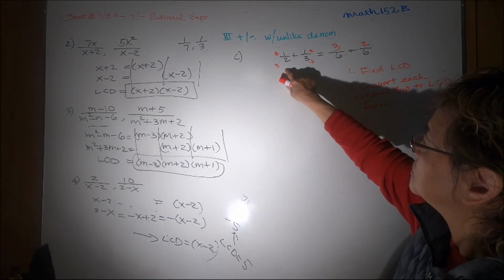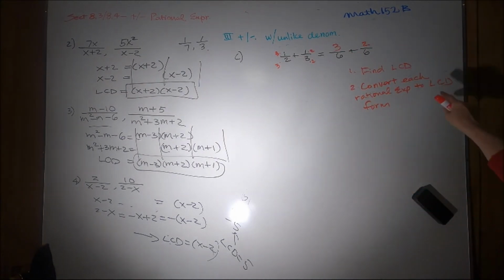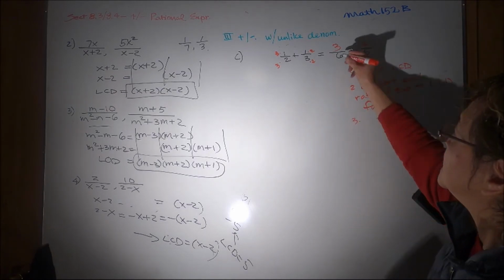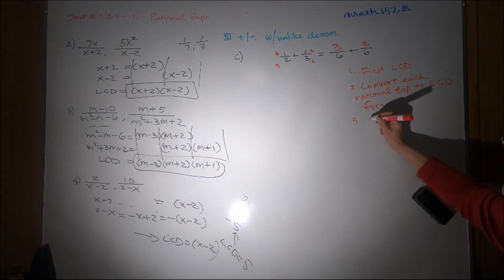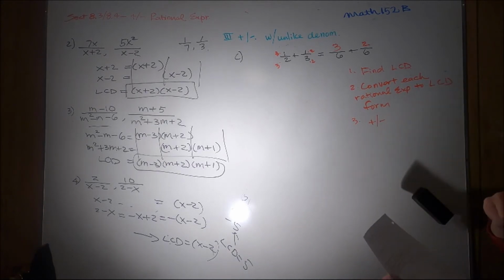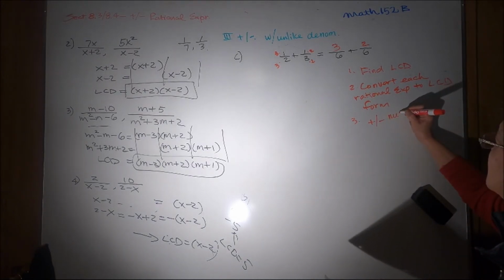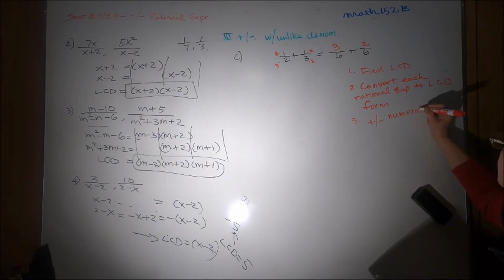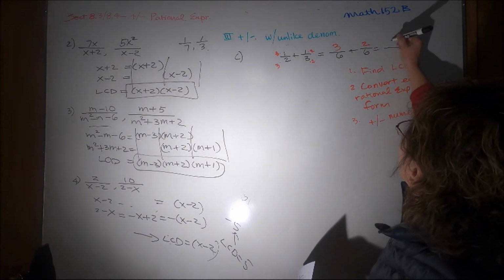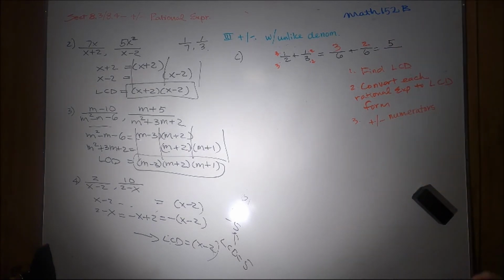fractions, rational numbers, or rational expressions to LCD form, right? We did. Then what do we do? After that, how do we find the answer? We will subtract the numerators, right? So we will subtract the numerators. And how about the denominator?